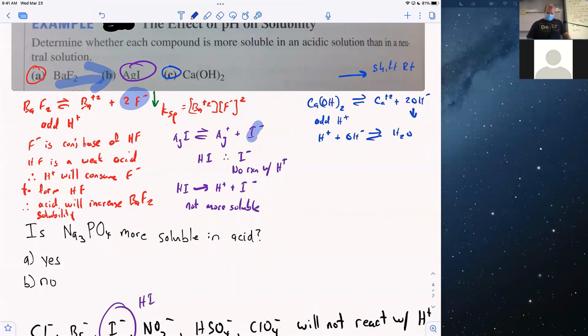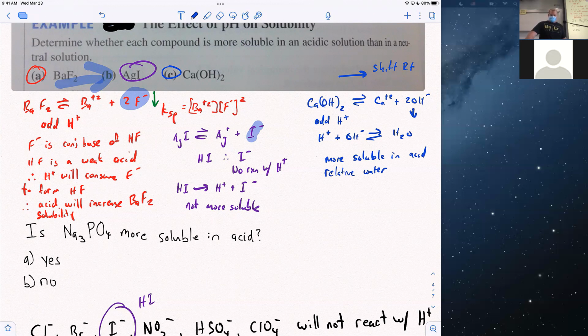So calcium hydroxide is more soluble in acid relative to pure water. So there's another case, calcium hydroxide. Hydroxide reacts with acid to form water, and this is just Le Chatelier's principle.